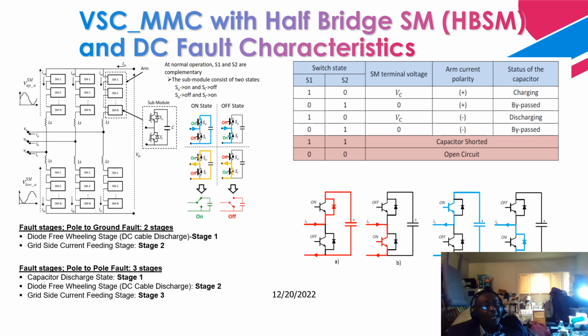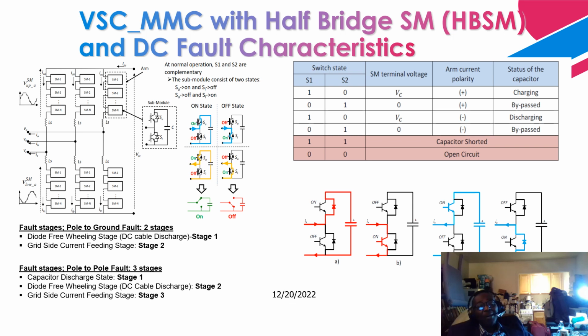You are only going to have two stages. There's going to be an abrupt, slight dip in the voltage level of the submodule capacitor. It's not going to lead to a full dip. Next, the DC cable is going to discharge.